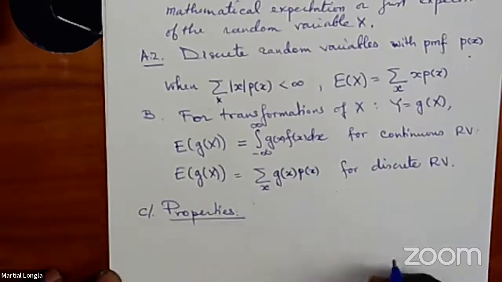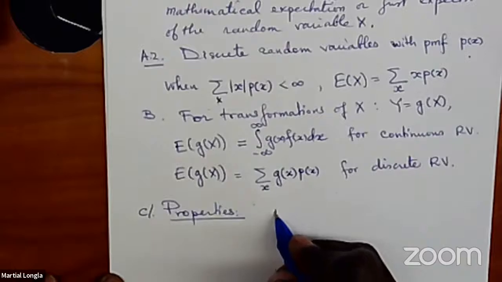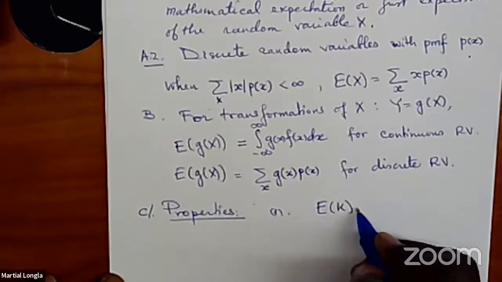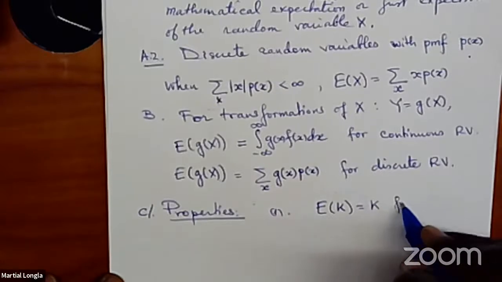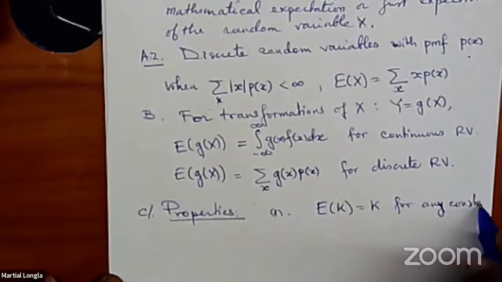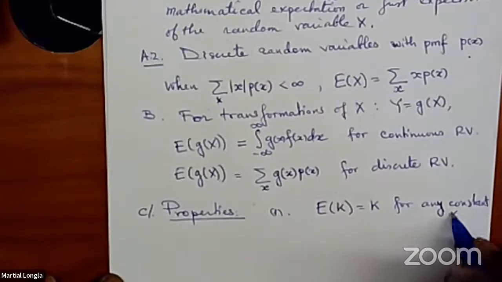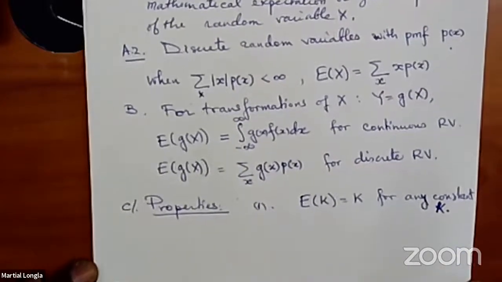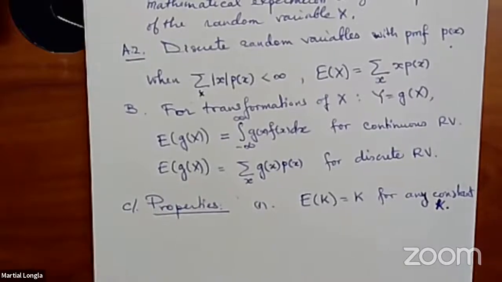Some properties. One, the expected value of k equals k for any constant k. So if your random variable is a constant, then the expected value is equal to that constant. It doesn't change. The average of a constant is the constant itself.